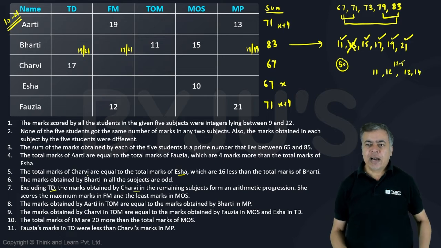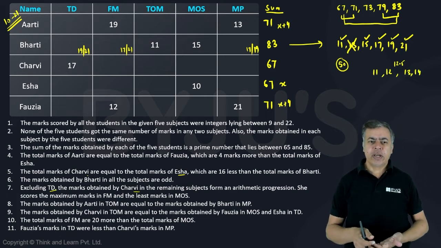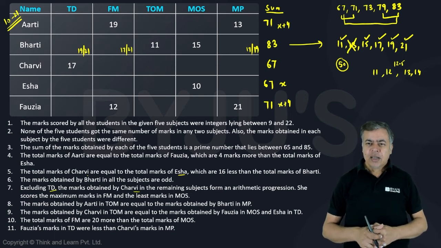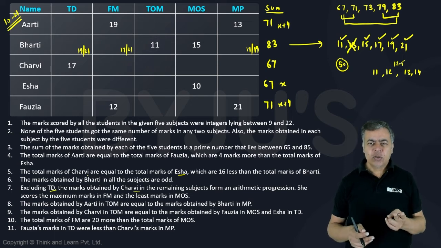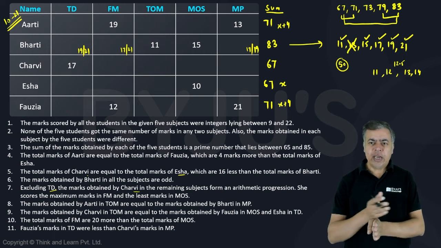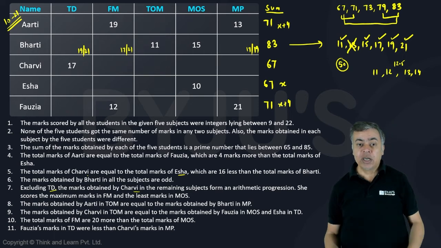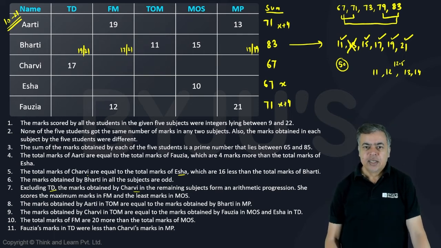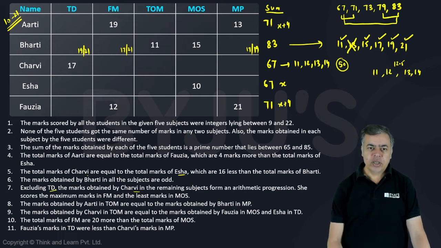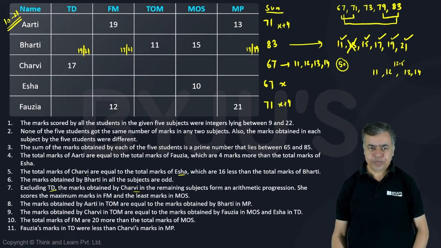So this can have the average of 12.5, that means the total can be 50, and 17 is already there, so the total will become 67. Other than this, if the difference is 2, the average cannot be 12.5, so that is not possible. So 11, 12, 13, 14 will be the remaining numbers. We need to put 11, 12, 13, 14 in the remaining cells.